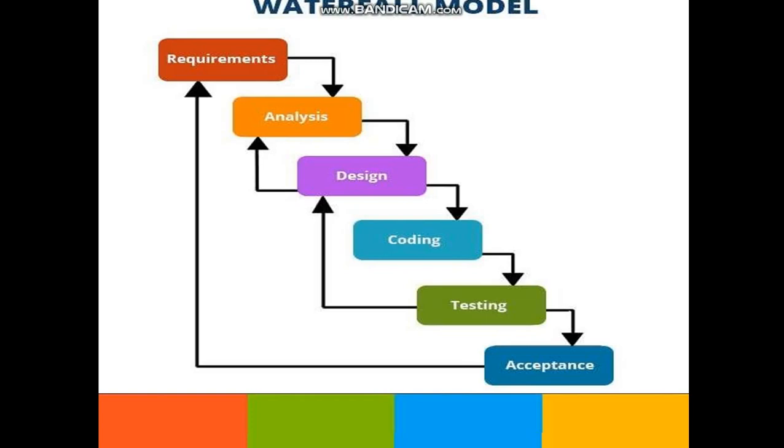I have shown you some of these models. The most commonly used model for SDLC is the waterfall model, in which the first step is requirement gathering, then analysis, then design, coding, testing and acceptance. And if it is not accepted, then again you come back to requirements, and all these phases repeat.